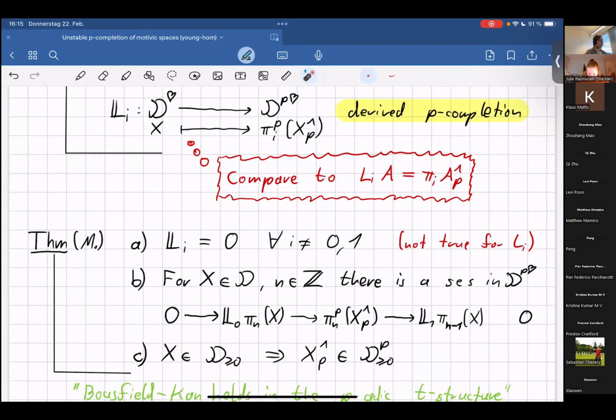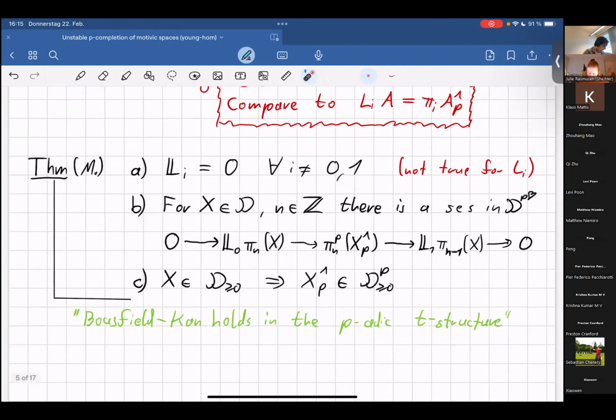And in particular, we can prove that for some X in D, we get a short exact sequence like in the Bousfield-Kan lemma of this form, where we now have to take the new derived P completion functors here, and the p-adic homotopy groups here, and then we get such a sequence. And yes, this helps in computing stuff. So the slogan which you can learn from this maybe is that Bousfield-Kan holds in the p-adic T structure.